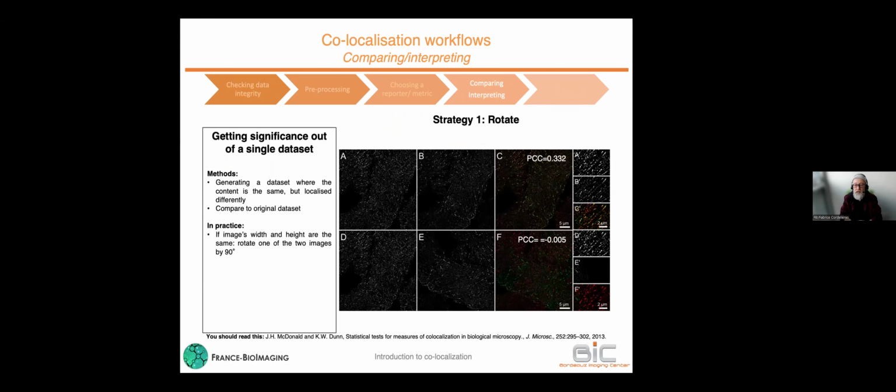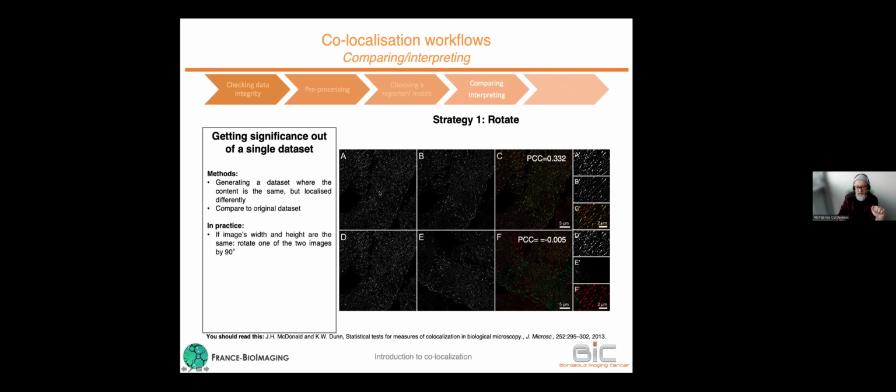Therefore, you might choose several strategies if you've got a single experimental condition and nothing to compare it to. The first thing is to take the same content, same image, but twist it a bit. Here, I've got image A, image B, and the overlay between image A and B, and this Pearson correlation coefficient.